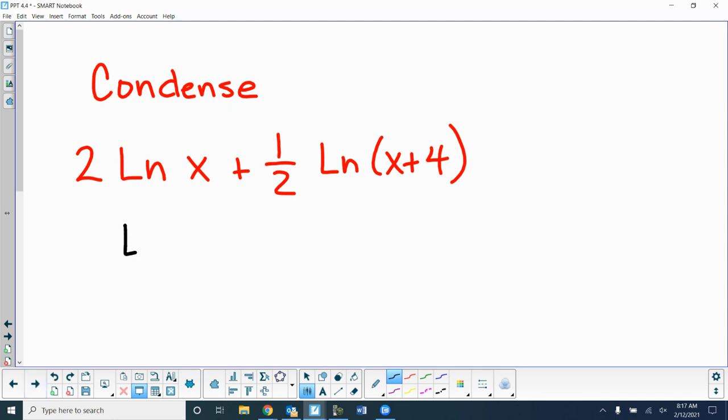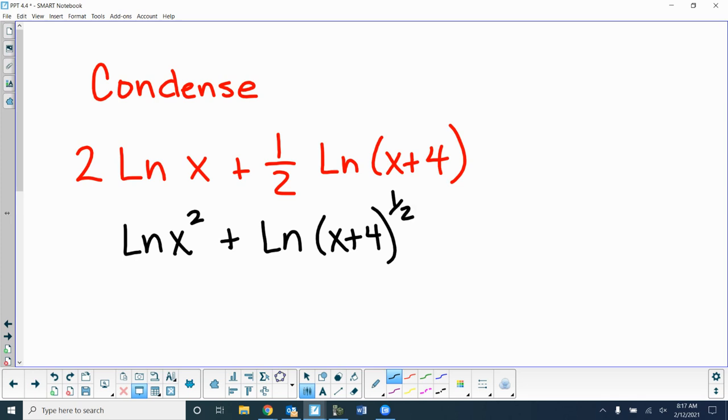So this is ln of x squared plus ln of x plus 4 to the 1/2. Okay? When we condense, they don't leave it as fractional exponents. So what root is 1/2 power? Square root. Very good.